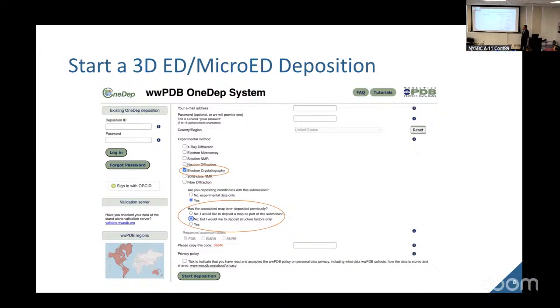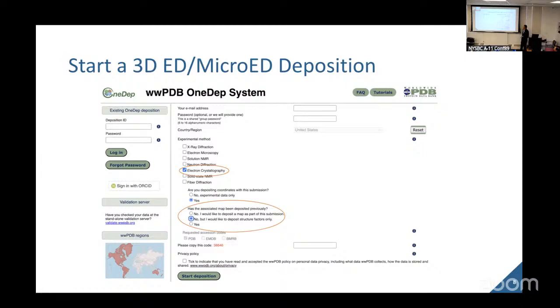It asks, are you depositing coordinates, which is nonsense, because for every 3D MicroED structure, there are coordinates modeling. The reason is we were using the 3D EM framework. That is not a very good fit, which is why in a later section we'll talk about the improvement.